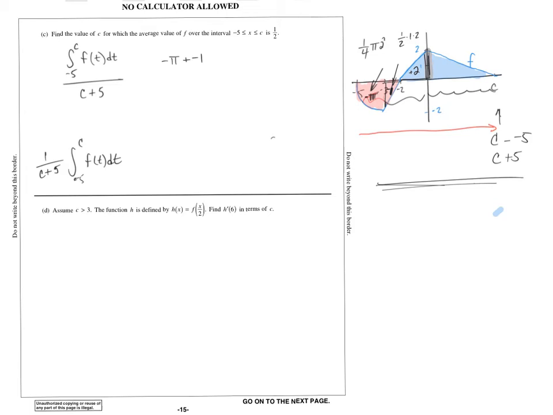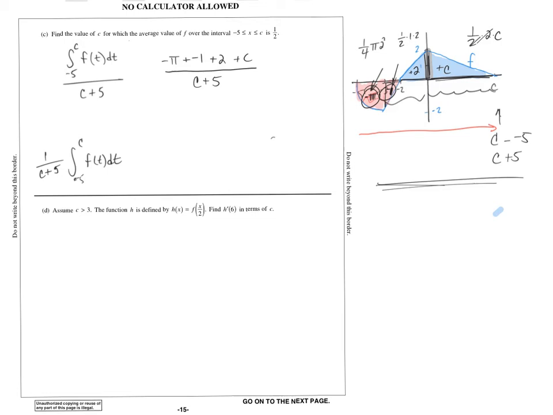It's 2 units tall, and it's c units wide. So we take 1/2 of 2 times c. And of course, those cancel, and we get c units there, and it's above the x-axis, so it's positive. So we can get our whole area, negative pi, -1, plus 2, plus c. That's our total area divided by c plus 5.